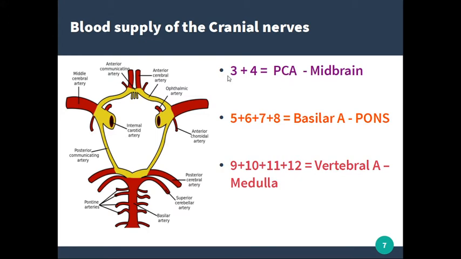An occlusion of the third and the fourth will give rise to a third and/or fourth palsy. The fifth, the sixth, the seventh, and the eighth are supplied by the basilar artery and are located in the pons, whilst the ninth, the 10th, the 11th, and the 12th are supplied by the vertebral artery, and this is located in the medulla.